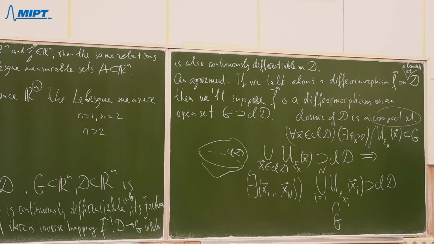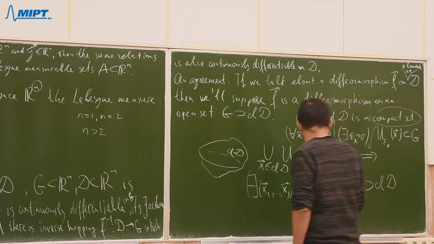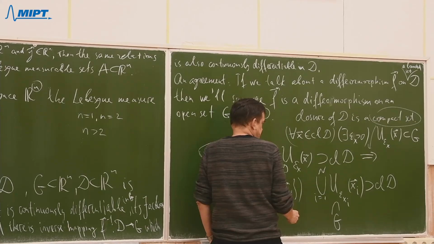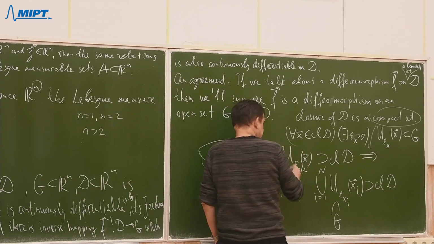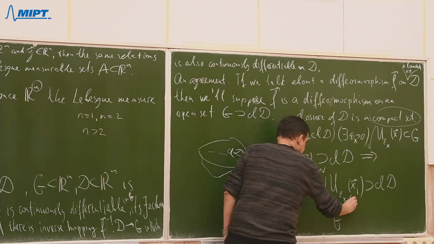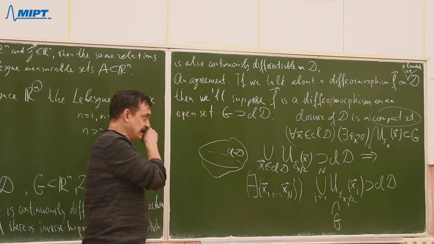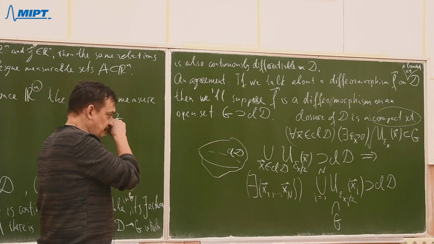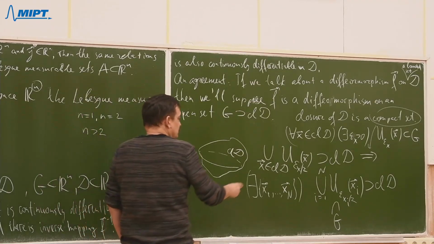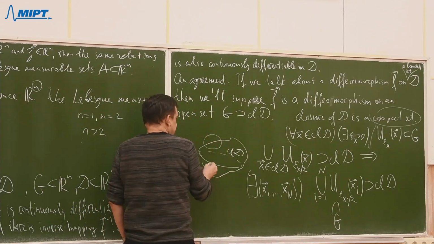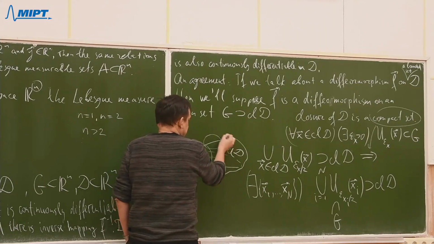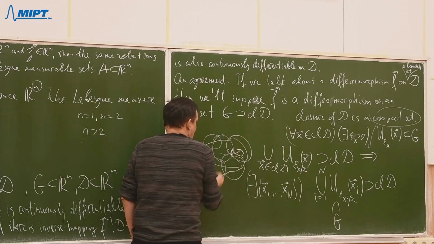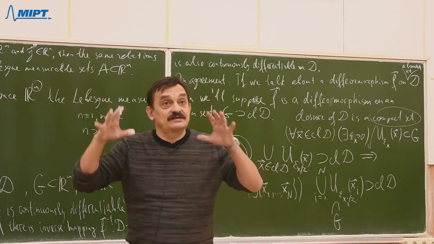And in fact, I can use here epsilon x over 2, and here epsilon xi over 2. These still cover, right? And then what do we obtain? We have finitely many balls which cover our set completely.